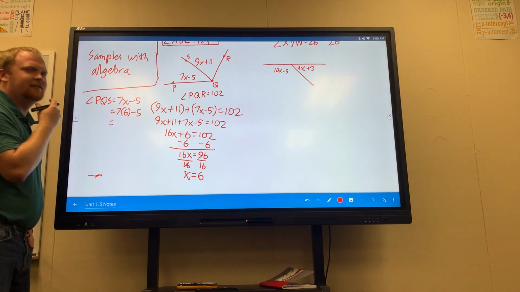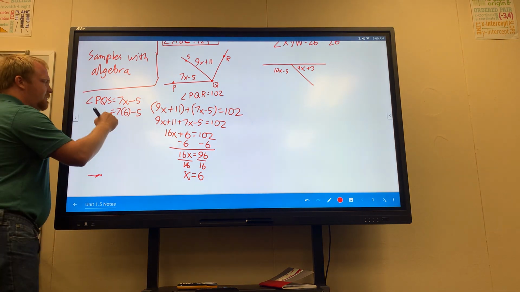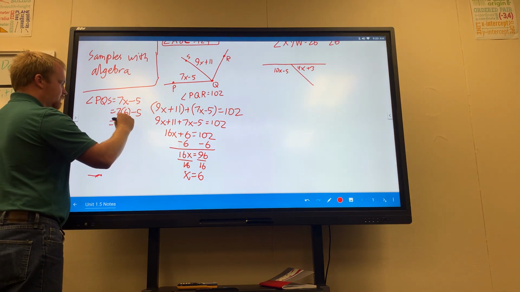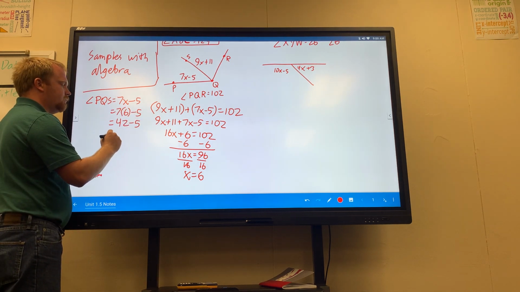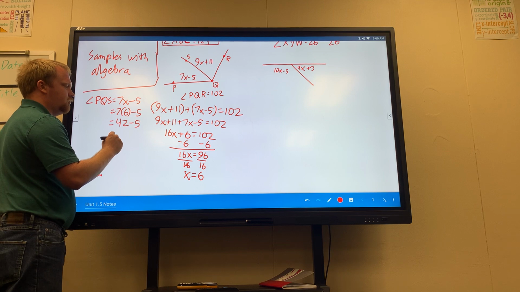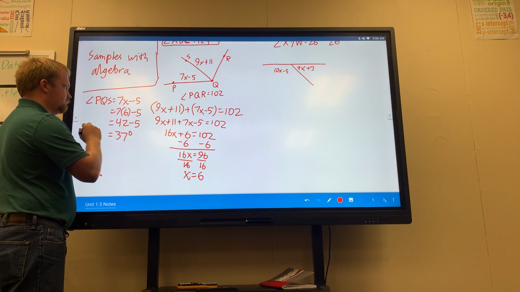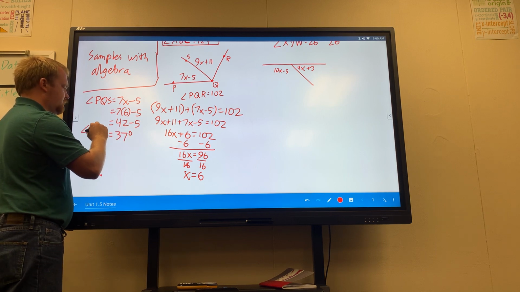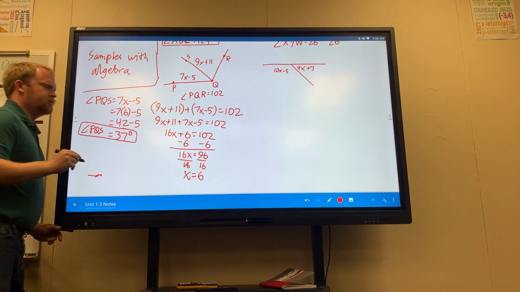I'm so sorry, I didn't mean to mess up like that. Subtract that from 79, and we get 37 degrees. So angle PQS is 37 degrees.